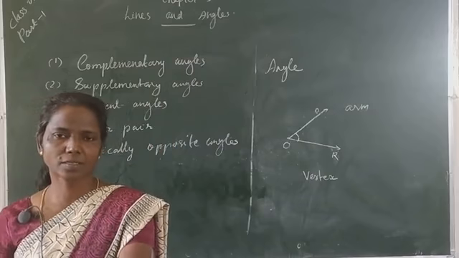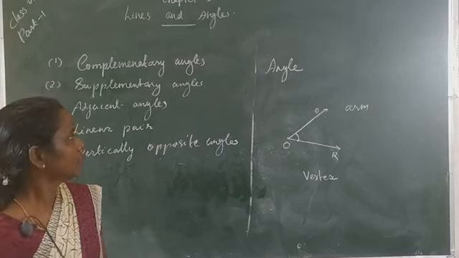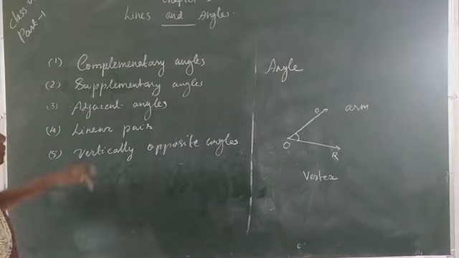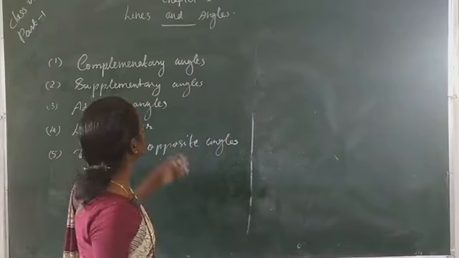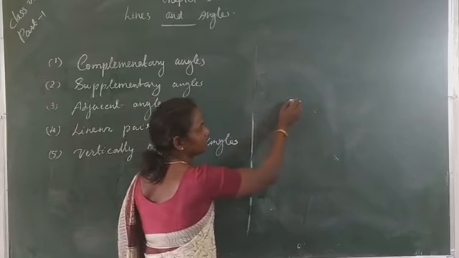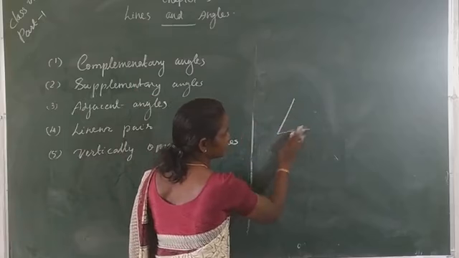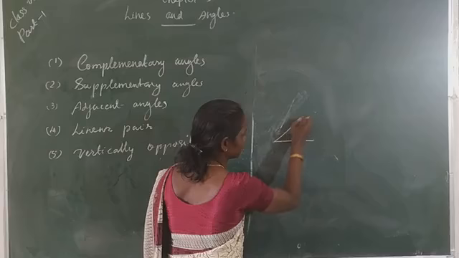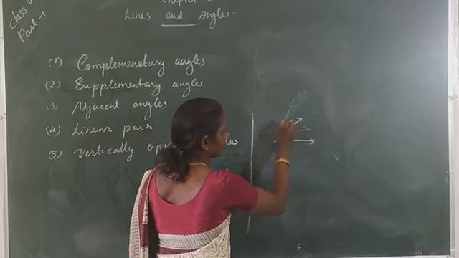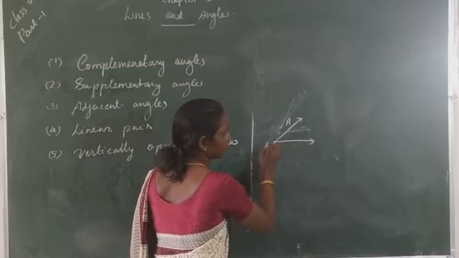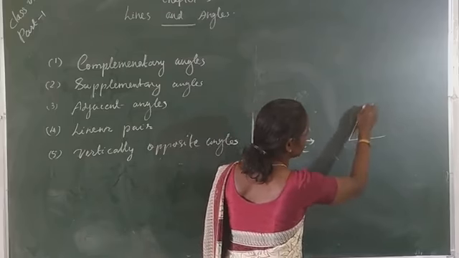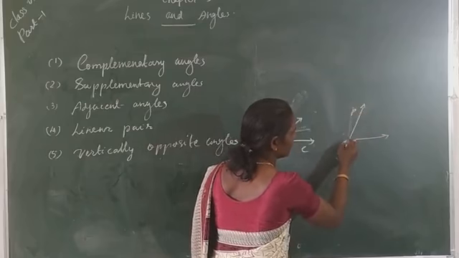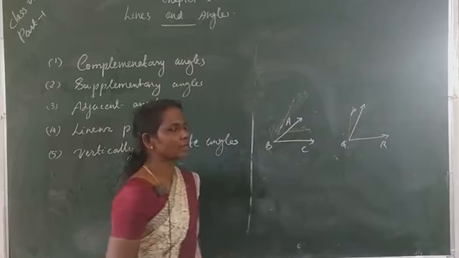The next, related angles. First, complementary angles. What are complementary angles? For example, angle ABC and angle PQR.